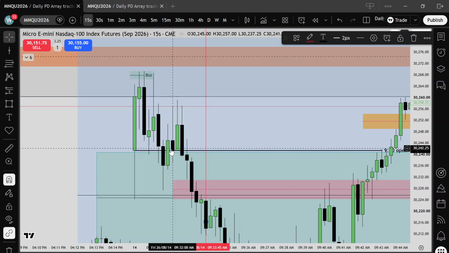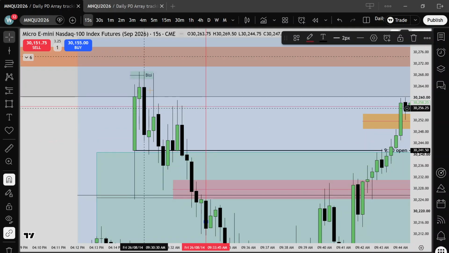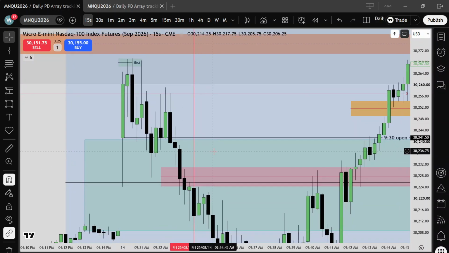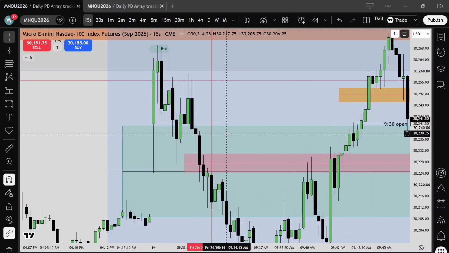Third candle: 15, 30, 45, boom. So we've gone up and manipulated, and now you get the gist, right?